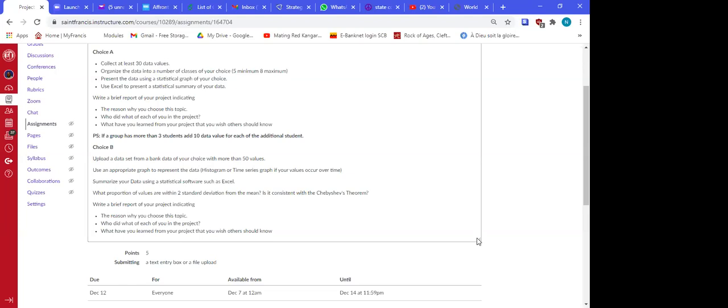What I mean there is, if you find, for example, that you collected 50 data values and maybe 40 of them are within 2 standard deviations from the mean. 40 out of 50 makes 80%. Is it consistent with the Chebyshev theorem? Yes, because Chebyshev said it should be at least 75%, and you have 80%, so it is consistent.